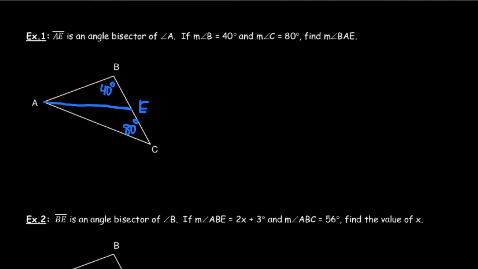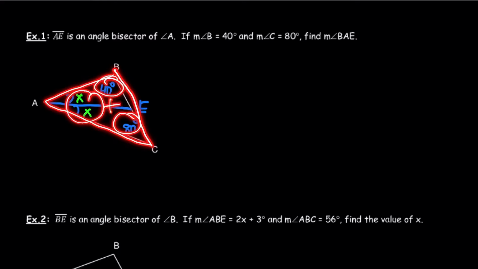Now, I should have drawn this in already, but since that's an angle bisector, I know these two angles are equal. I should have put those marks in there. And they're telling me find angle BAE. Let's put an X. Since this angle and this angle are equal, and that one's X, I'm going to put an X for that one as well. Now you can focus your attention on the big triangle, and you know that the three angles of any triangle add up to 180 degrees.